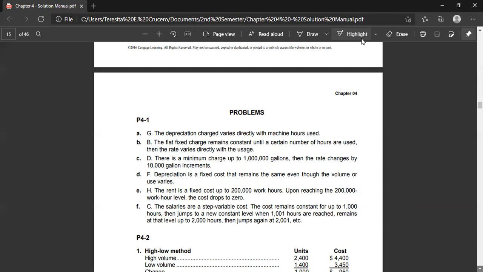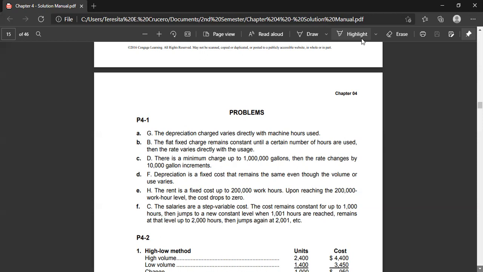The flat fixed charge remains constant until a certain number of hours are used. Then the rate varies directly with the usage. So meaning the portion representing the fixed cost is the flat portion, and then it goes up after a certain number of kilowatt hours are used.